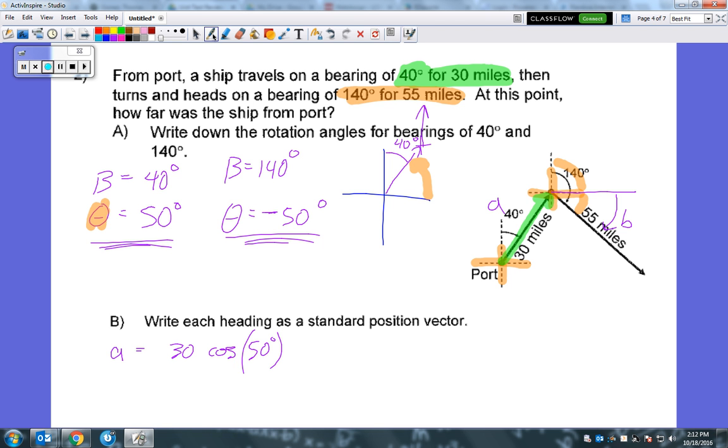You don't need the degree symbol in there because we've only been doing degrees, not radians.